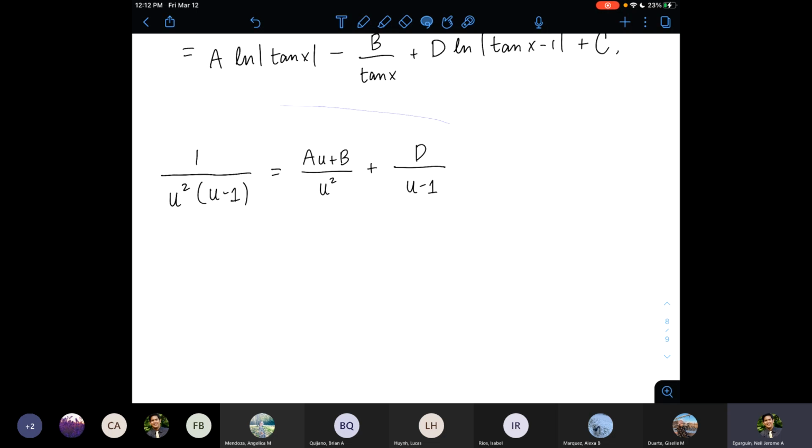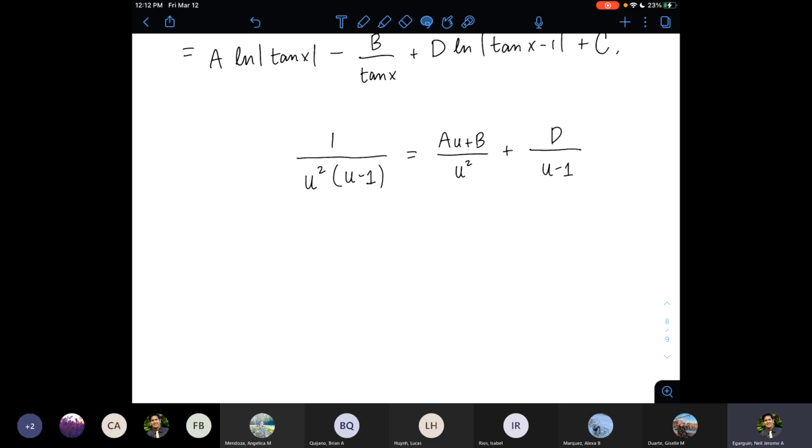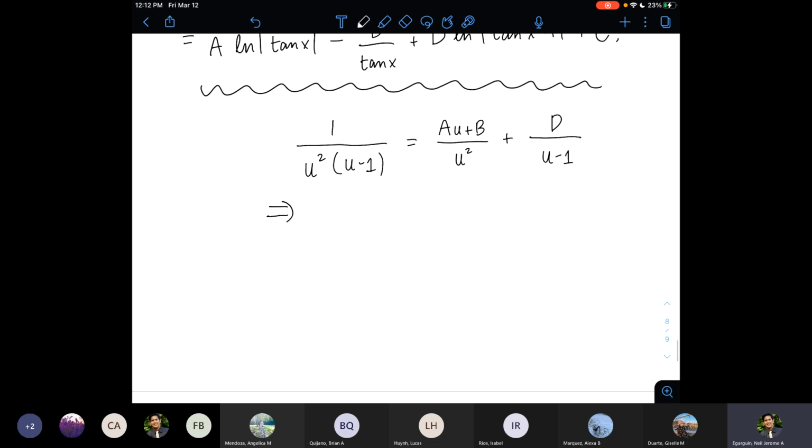Okay. So I'll do the cross multiplication. So I'll have 1 equals au plus b times u minus 1 plus du squared.